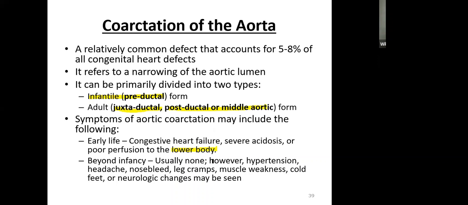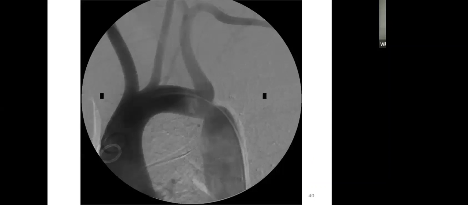You can tell a lot about somebody from their feet and indeed from their mouth as well when it comes to infection. Beyond infancy, usually none. However, hypertension, headache, nosebleed, leg cramps, muscle weakness, cold feet, or neurological changes may be seen. So again, cold feet, devascularization, poor peripheral pulses, poor circulation, all of these classic signs.